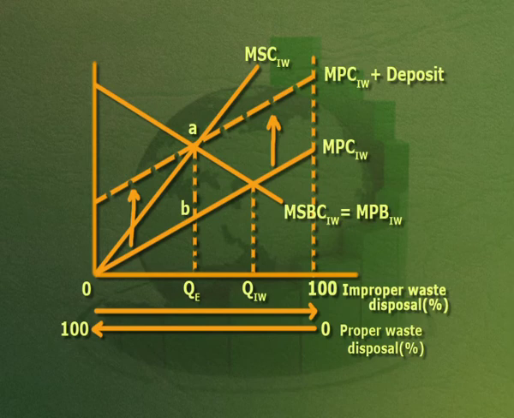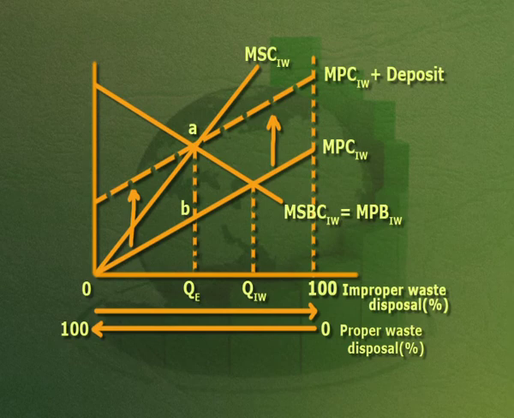MSC IW shows the marginal social cost of improper waste disposal, while MPC IW shows the marginal private cost of improper waste disposal. The dotted curve, MPC IW plus deposit, shows the marginal private cost of improper waste with deposit, and the MSB IW and the MPB IW are shown by a negatively sloping curve.